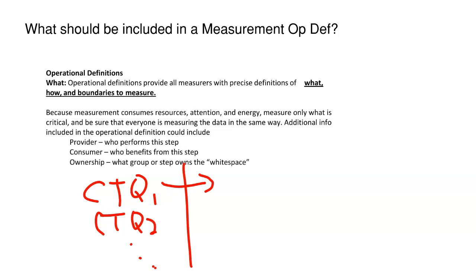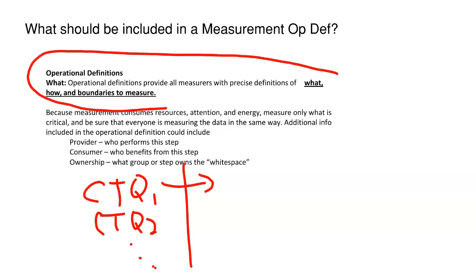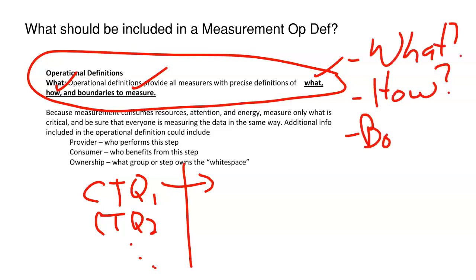And I remind teams the following. An operational definition should give us an understanding for each measure. It should help us to understand the what it is that we're measuring, how we're going to measure it, and the boundaries for measure. There are some other things that you might want to consider in your operational definition, but it's those first 2 points for sure, the what and the how.